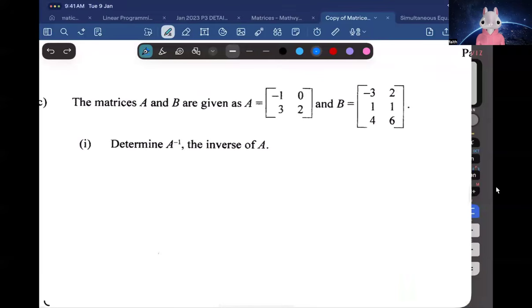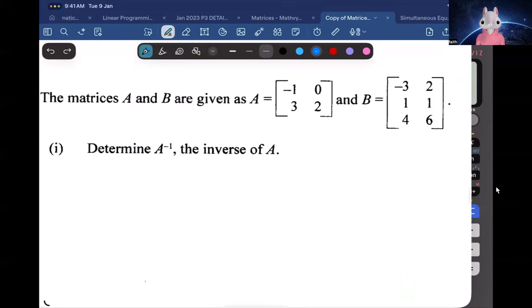Right. So determine A inverse. Tell me, what's the formula for A inverse?